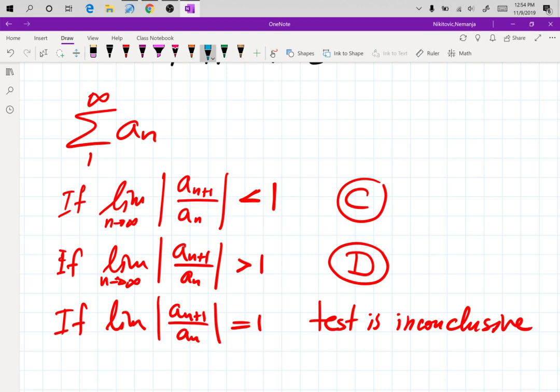Use something else. Geometric, telescoping, whatever works. So this is your ratio test.